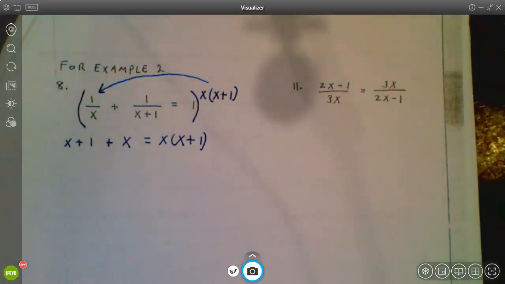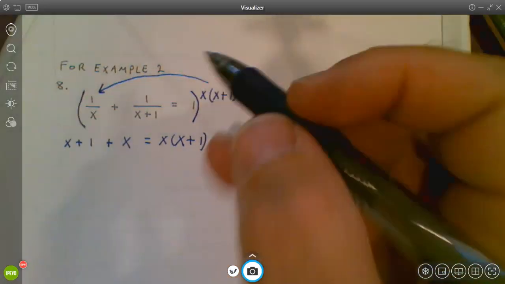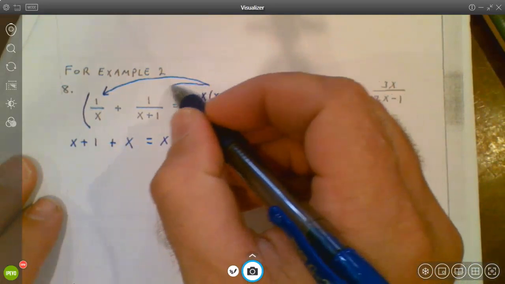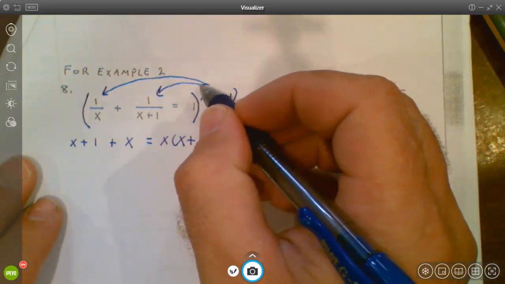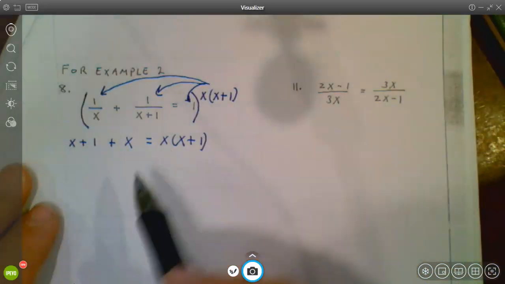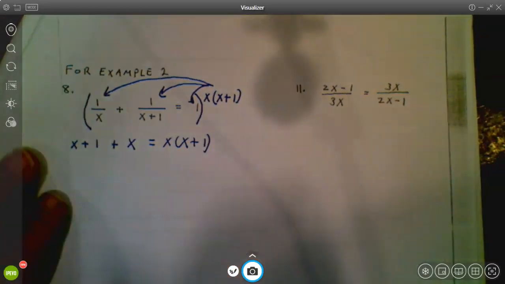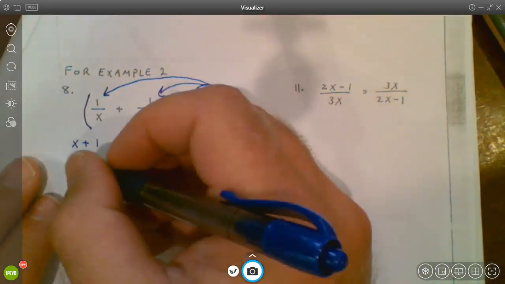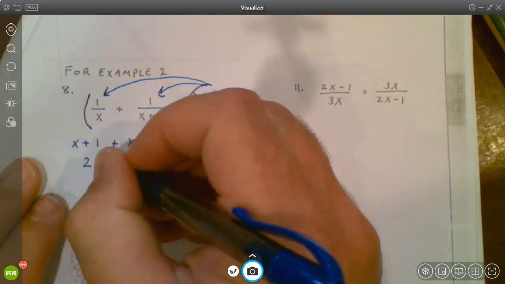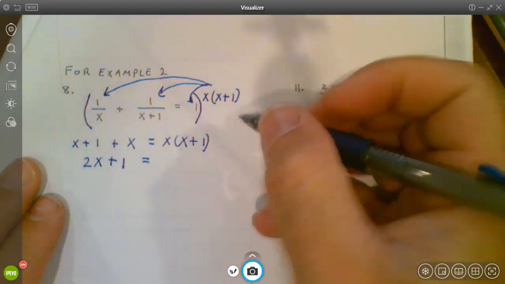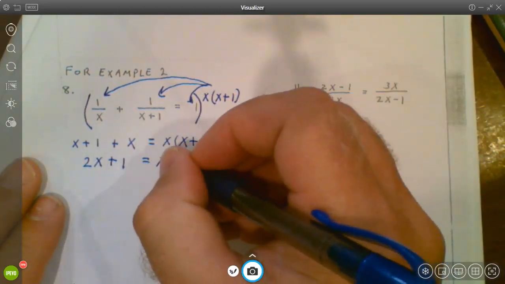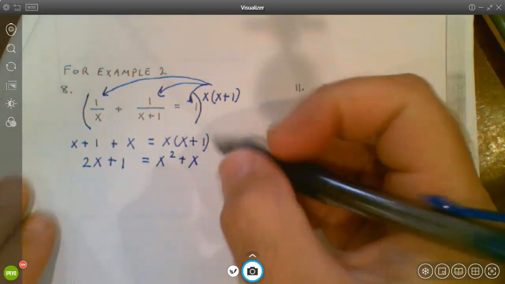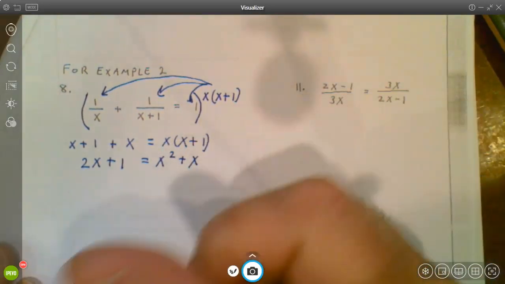Alright, so there's the new equation, and remember the whole goal on this was as you distribute, the fractions should cancel. So you get a new equation with no fractions in it. So let's combine like terms. So left side I'm looking at 2x plus 1. Right side, if I distribute, I got my x squared plus x. So right off the bat I'm seeing the x squared, which means this is a quadratic.